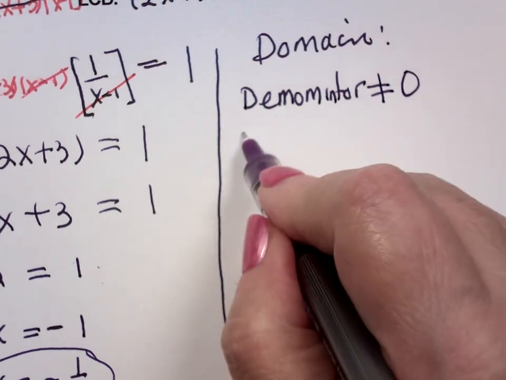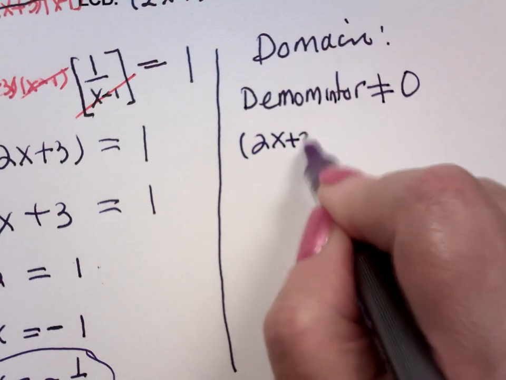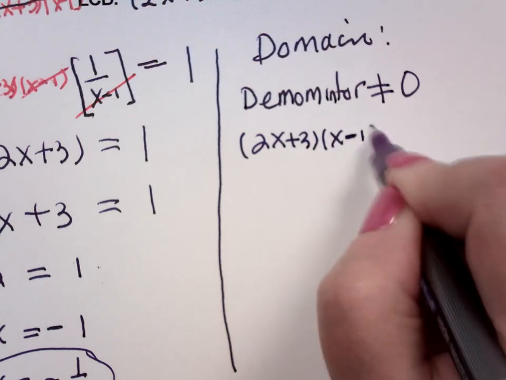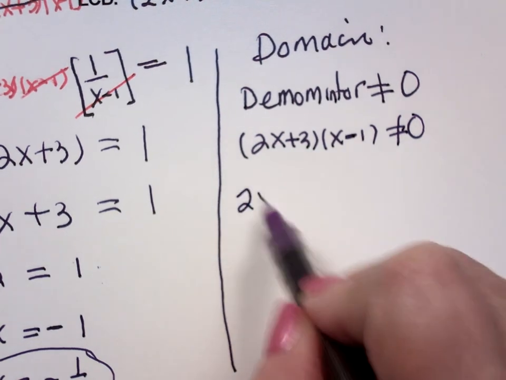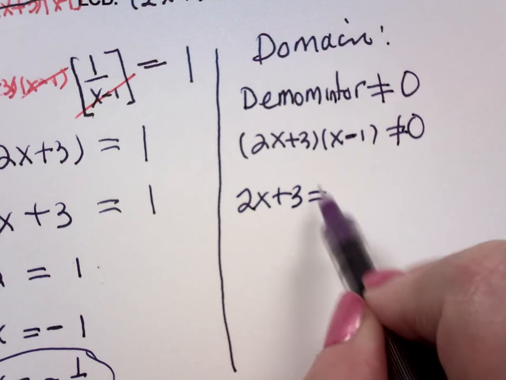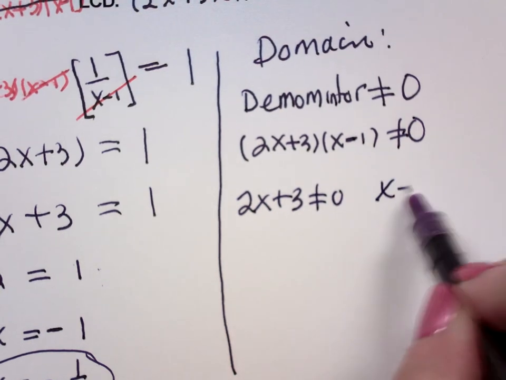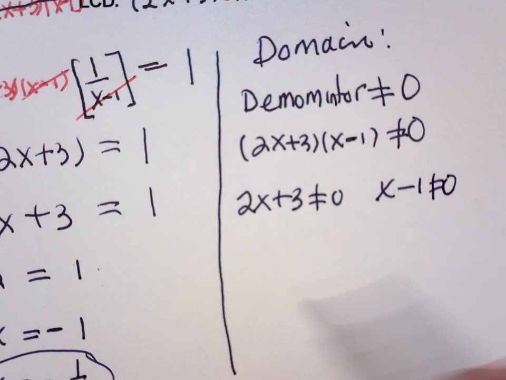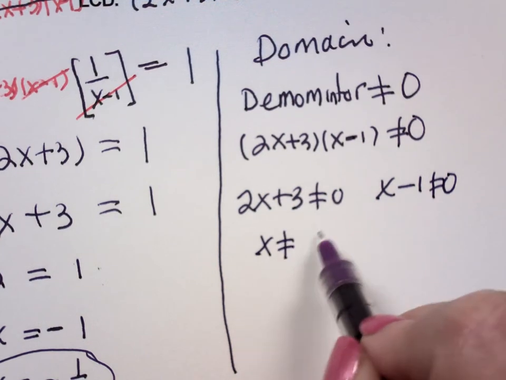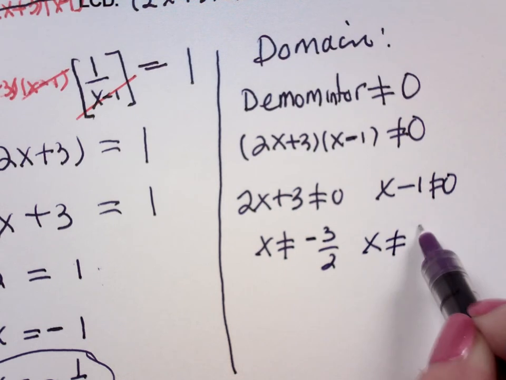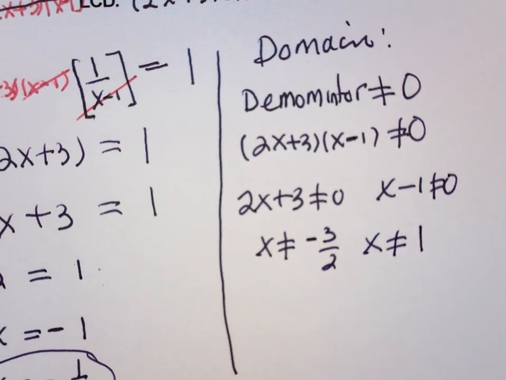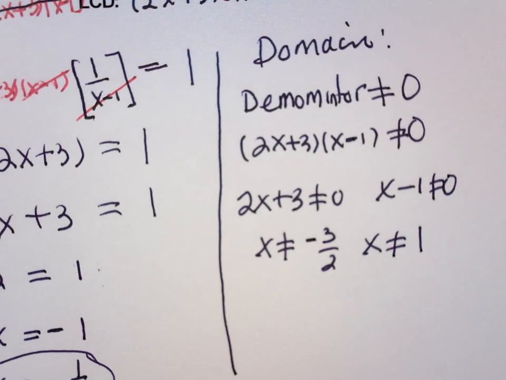And my LCD is 2x plus 3 times x minus 1. Those are the denominators. This says that 2x plus 3 can't be 0. x minus 1 can't be 0. x can't be negative 3/2. x can't be 1, but it can be anything other than those two. And I got negative 1/3, so I should be fine.